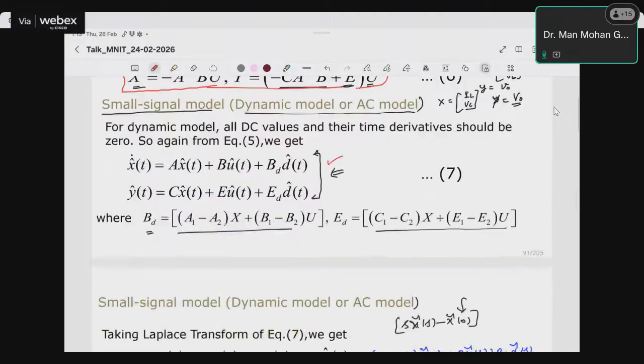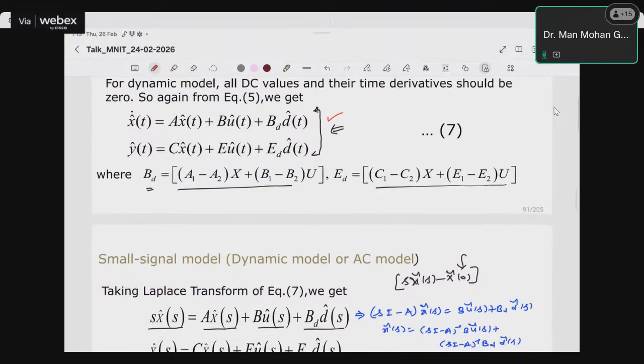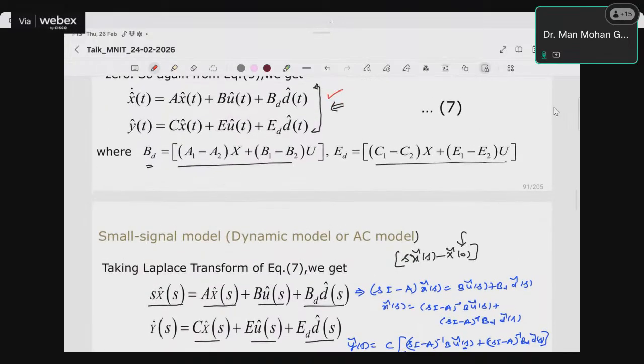But if we know some techniques which are based on the transfer function, then we obtain the transfer function. Then considering the initial conditions to be 0, because the definition of the transfer function is that it is the ratio of the Laplace transform of the output to the Laplace transform of the input when initial conditions are put to 0.